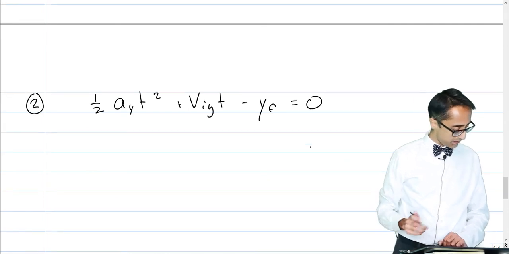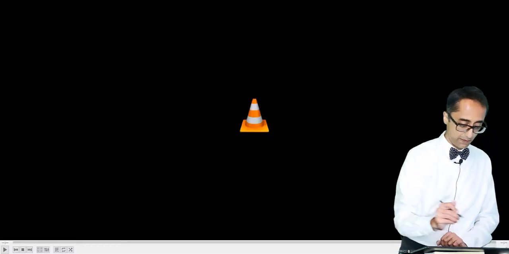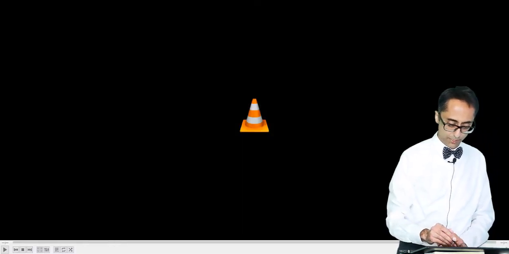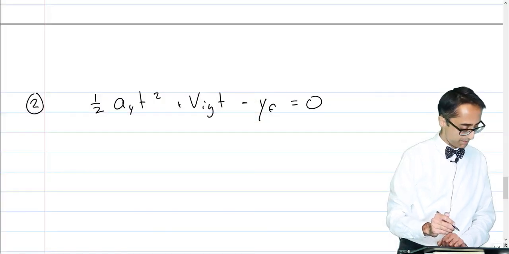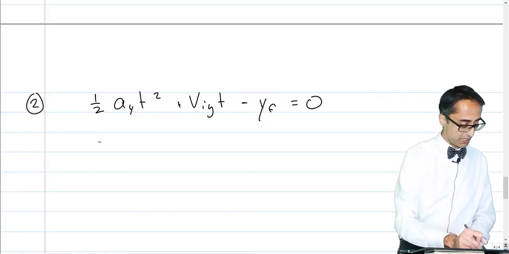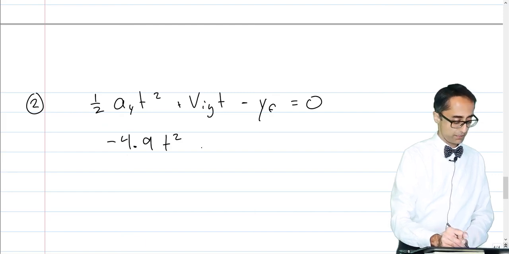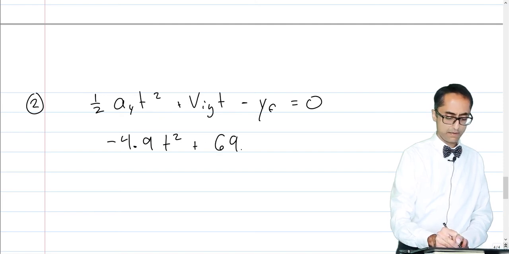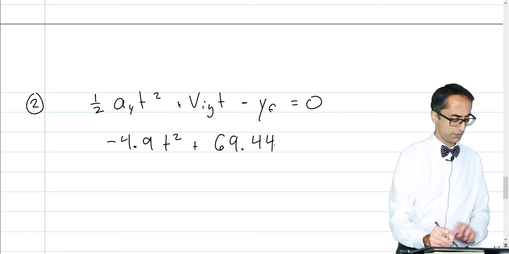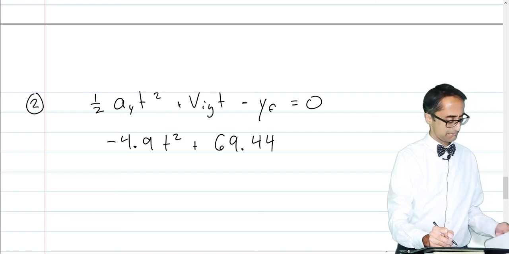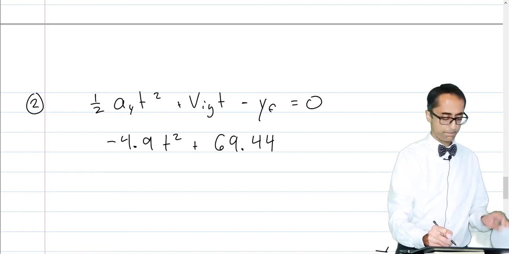And so while I have always said don't put your numbers in right away, now is the time to write this as minus 4.9 t squared plus, what did we say, 69.44, something like that? Yep.